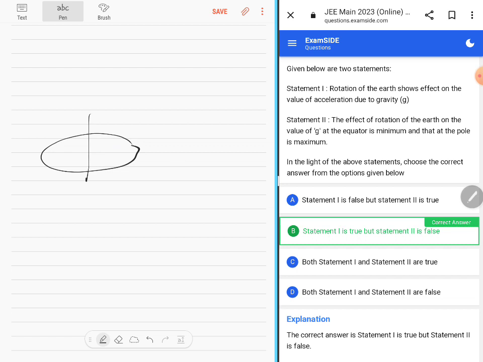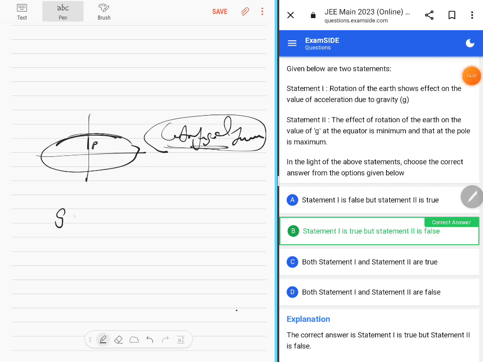Because it's rotating, the earth is getting flattened because of the centrifugal force, and therefore there is variation. Hence, the gravity at the poles is different from the gravity at the equator. We know the gravity at the poles is more than the gravity at the equator.